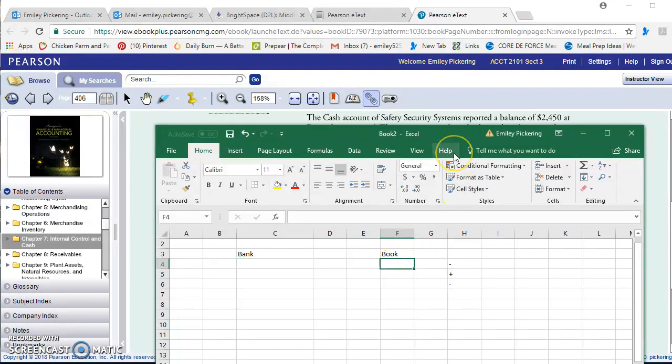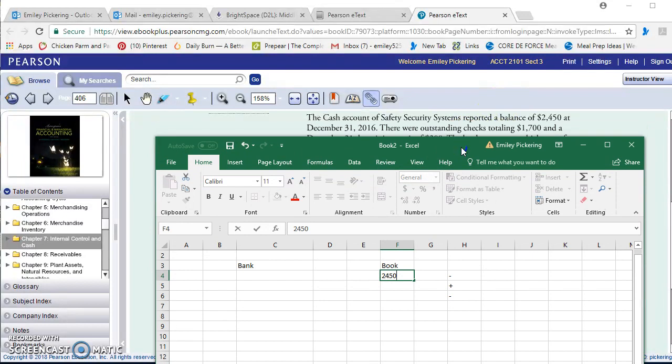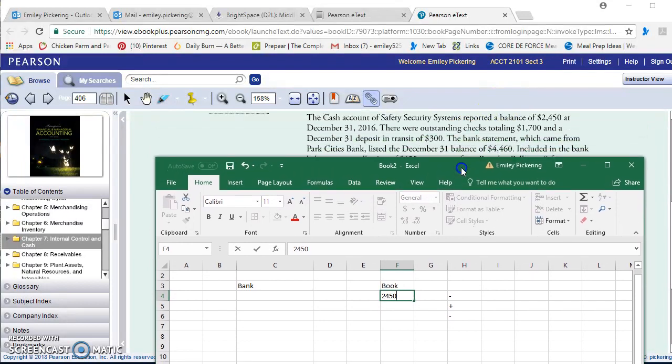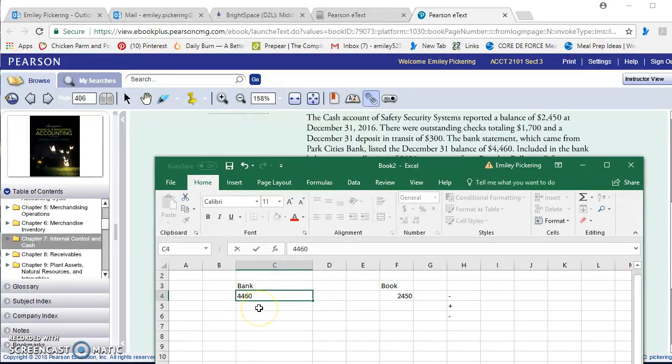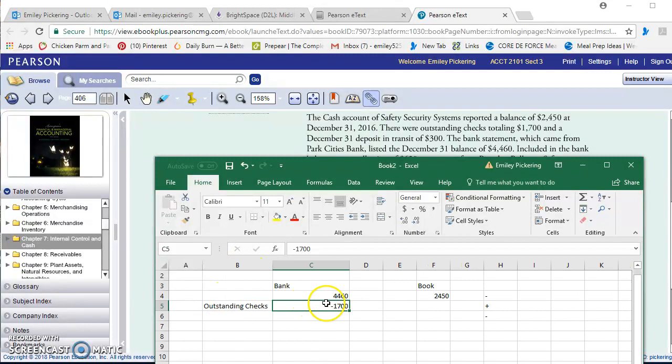Now, the book side, we had $24.50. There were outstanding checks, which goes on the bank side. So we know the bank has $44.60. So we have negative $1,700, and that's for outstanding checks. And a deposit in transit of $300, so we're going to add $300.